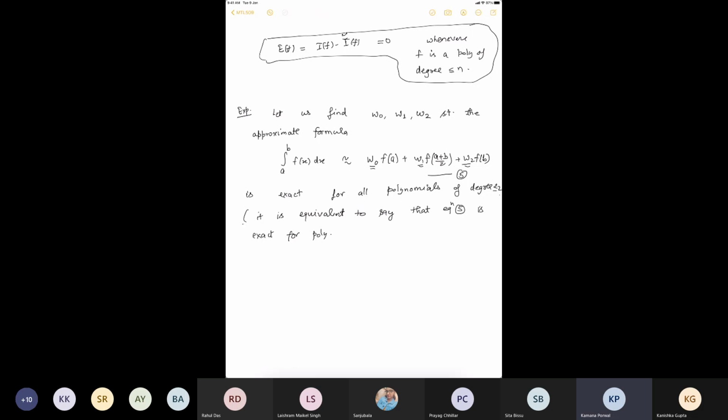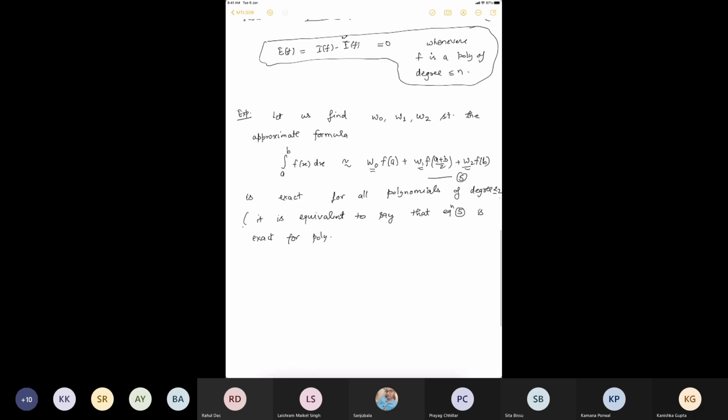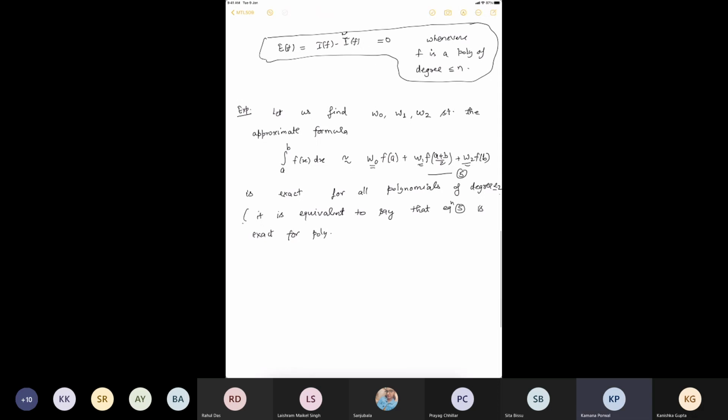So which polynomial should I test it with here? Tell me if you agree with me. I'm going to test it with f(x) equal to 1, x, and x squared. Will that suffice? Yes, ma'am.